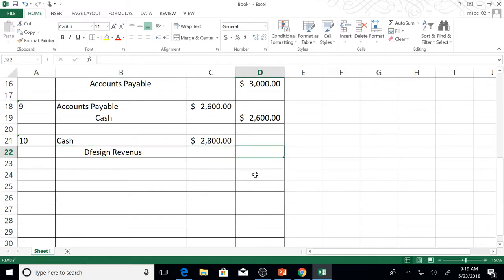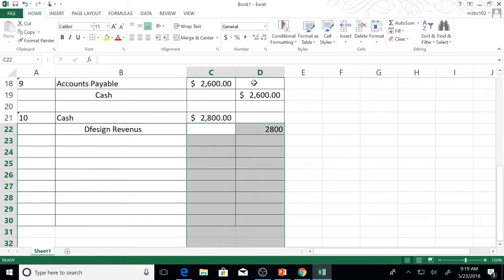For 2,800. And that'll be a T chart by itself, right? Design revenue. All right, let me write that down. Let me do this with a dollar sign. Oh, I put the percentage. All right.